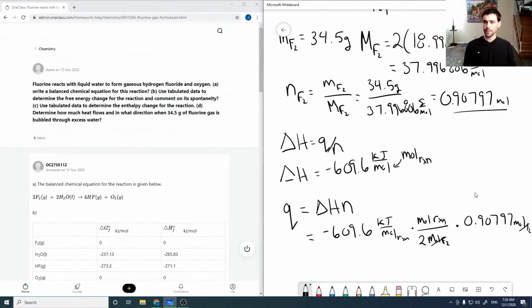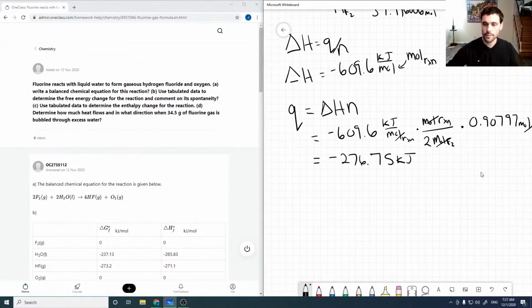And so these would all cancel. And again, mole reaction and mole fluorine are not real units, but I'm just tagging that stuff there as placeholders so we can keep track of everything. And so running through these factors on our calculator, we would get minus 276.75 kilojoules. And that's also what direction.